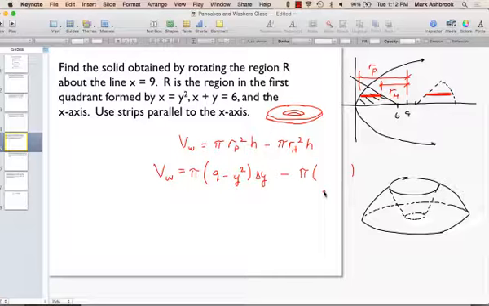So make sure we get our negatives right here. It's 9 minus x, and x is 6 minus y, squared, delta y. So that's the hard part of the problem right there, getting the volume of that washer. Questions?